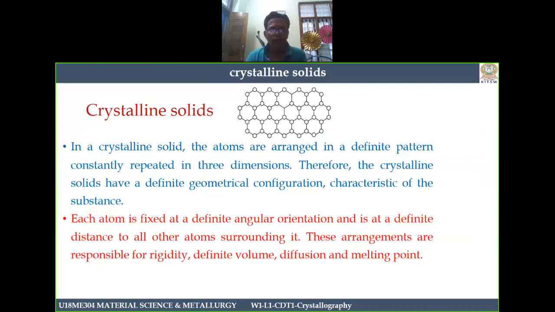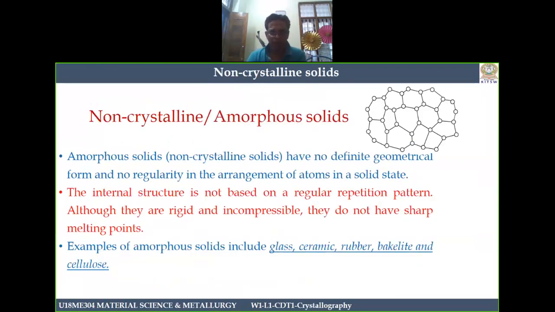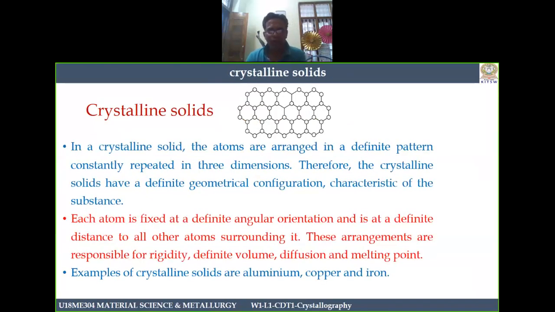One point we should keep in mind is that in crystalline solids the pattern is definite, not indefinite. Examples of crystalline solids are aluminium, copper, and iron, which are commonly used materials in domestic and industrial applications.